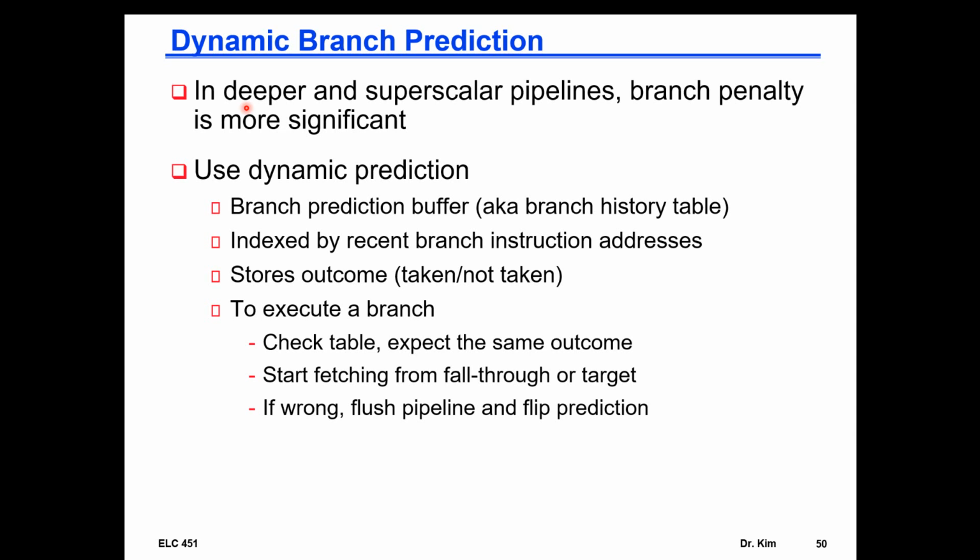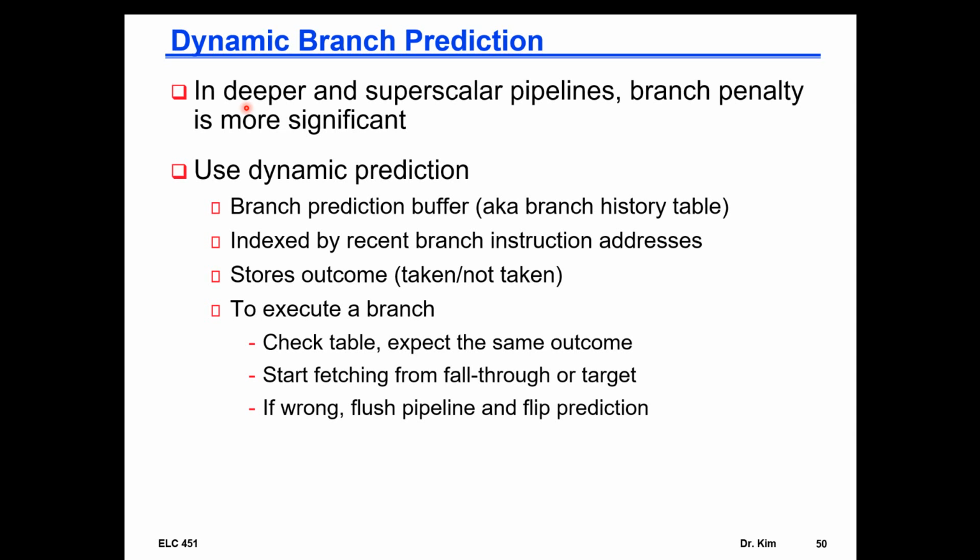Not only do you have more stages of the pipeline, but now you have pipelines in parallel. You have multiple pipelines, which is the superscalar approach. So being wrong on your branch prediction can have huge implications of cycles that you are not using. And you have to flush a lot of instructions from the different stages and different pipelines.